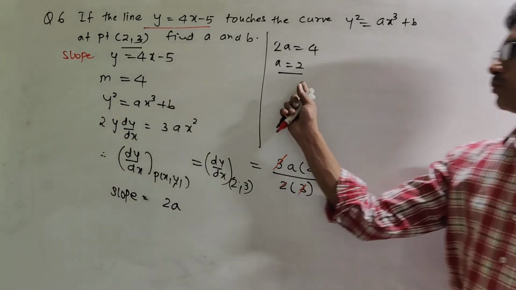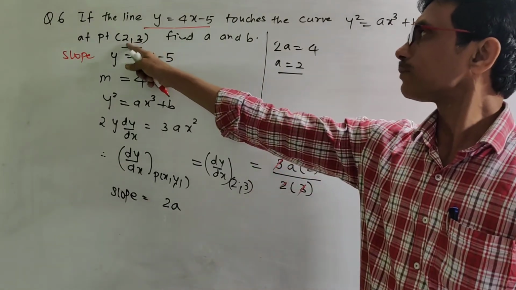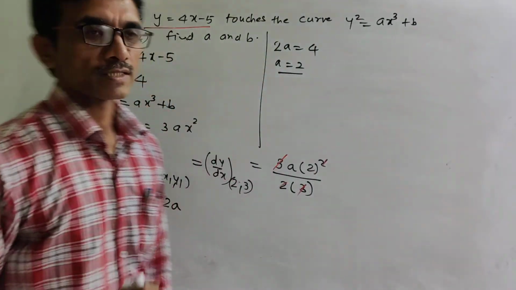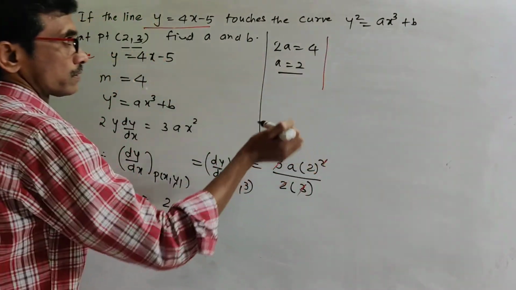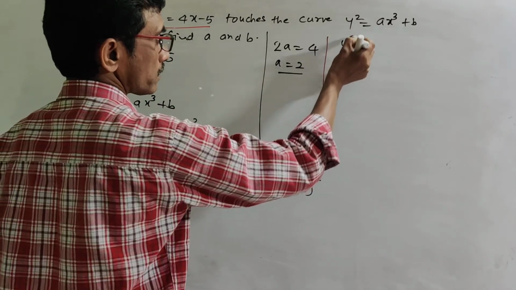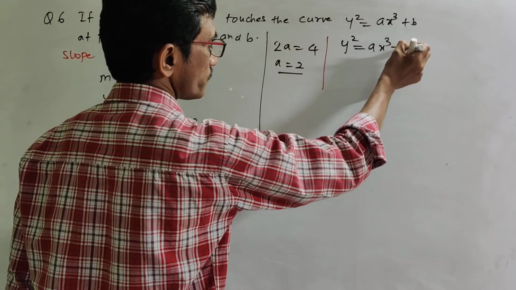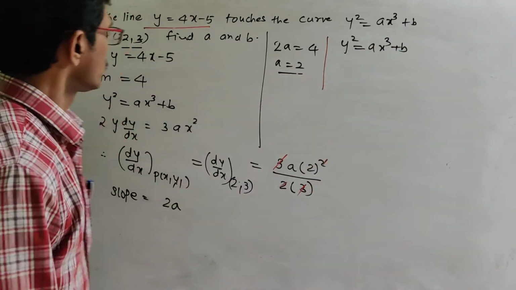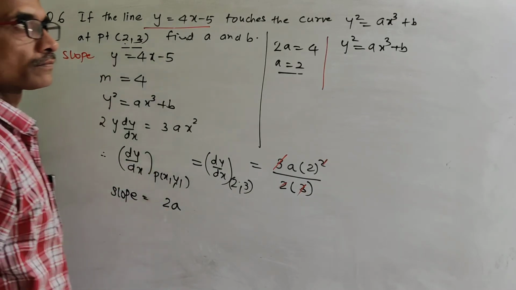You get a is equal to 2. Now you will find b. This point lies on this curve, so therefore coordinates of the point will satisfy equation of curve, y square is ax cube plus b. You know a, a is 2, and x and y are 2 comma 3.